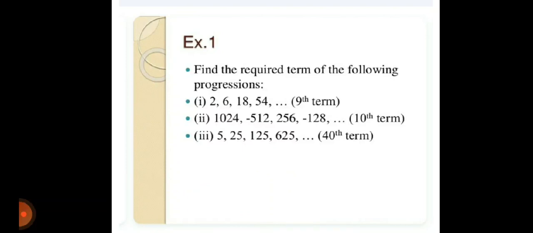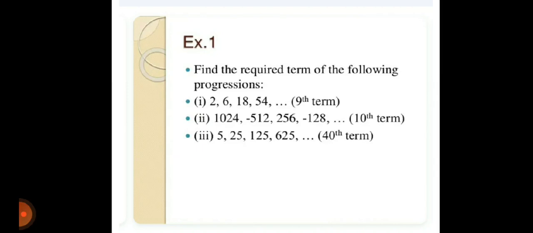So now let's do some questions. Find the required term of the following progression, and the progression is 2, 6, 18, 54, and you have to find its ninth term. So its first term is 2, second term is 6. So what is R? That is 6 upon 2, that is 3.